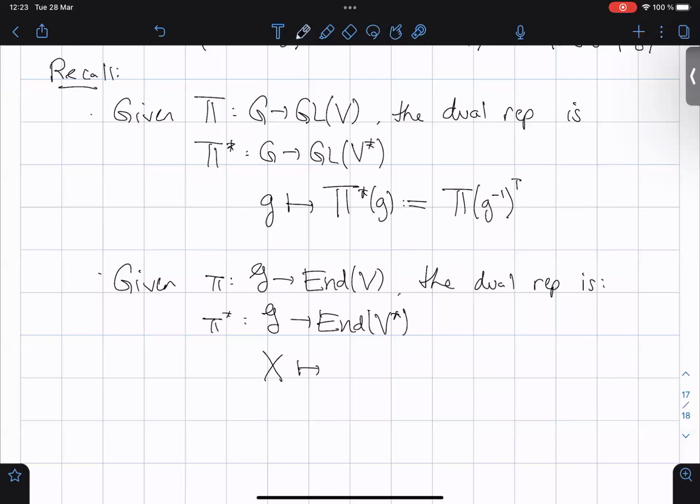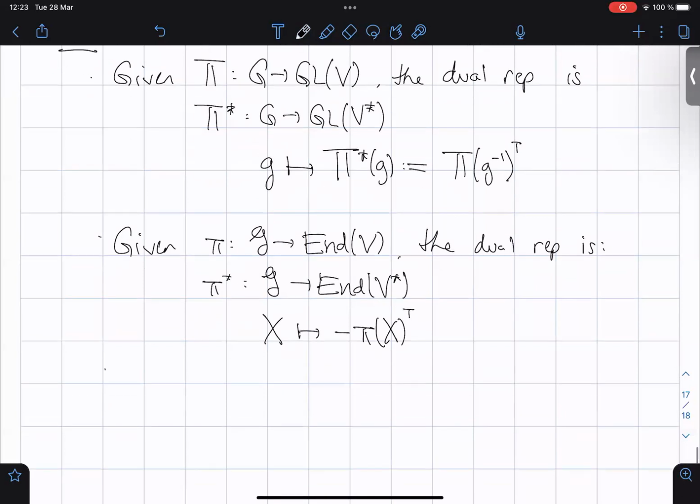And what I'm going to get is the following. Instead of inverse transpose like you have in the group case, you're going to get negative, and then you take the original representation, apply it to X, and then take the transpose of that. So we'll see this in the concrete example of SL2.